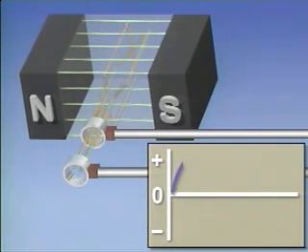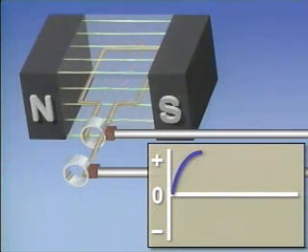When the conductor starts to rotate, it begins cutting across the lines of flux, and voltage is induced. As the conductor rotates to the 90-degree position, the angle increases, and so does the magnitude or value of the induced voltage. At 90 degrees, the conductor is moving perpendicular to the flux lines, and voltage is at its maximum positive value.